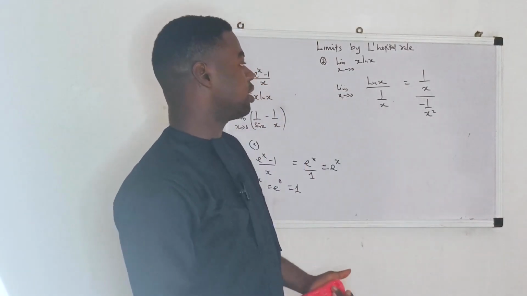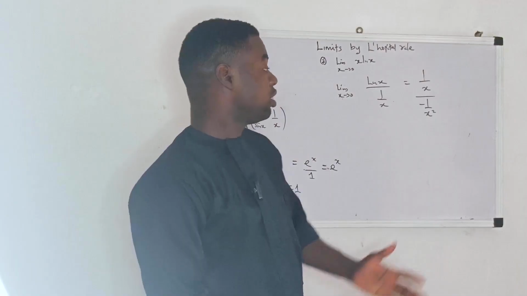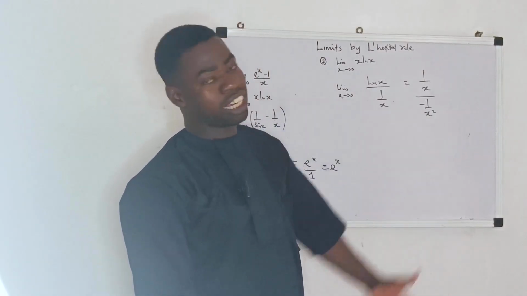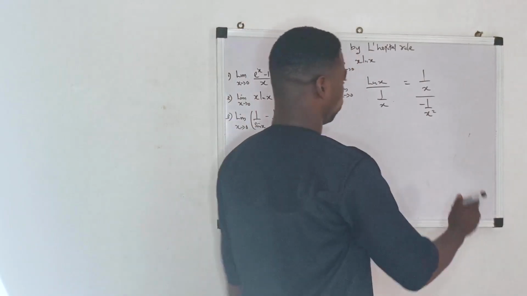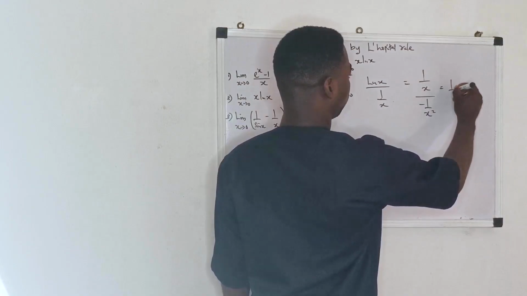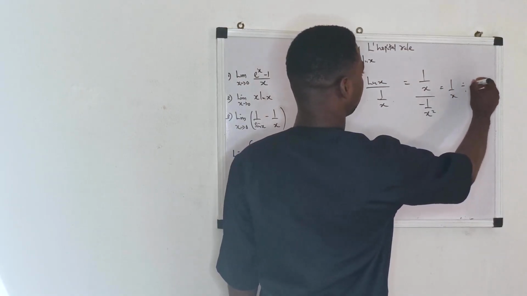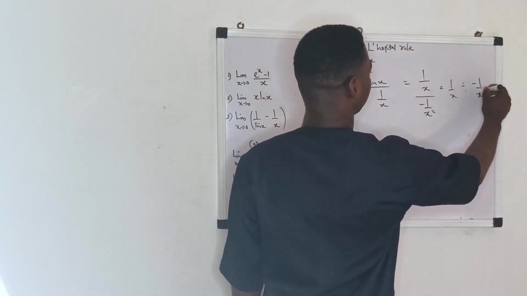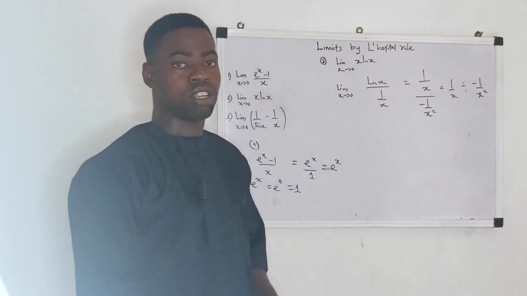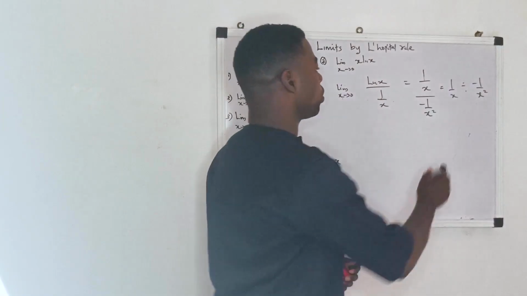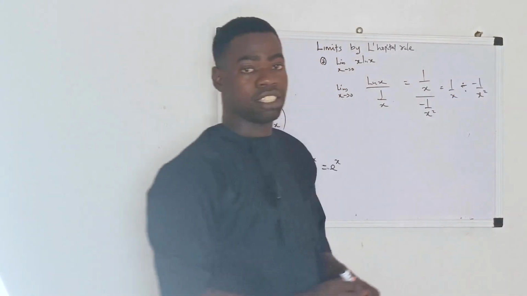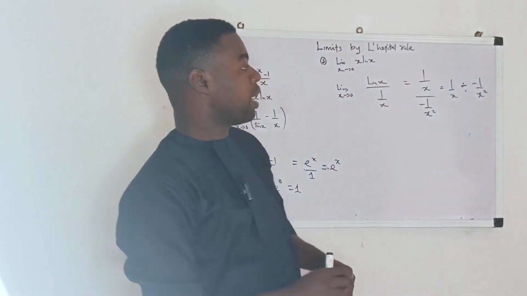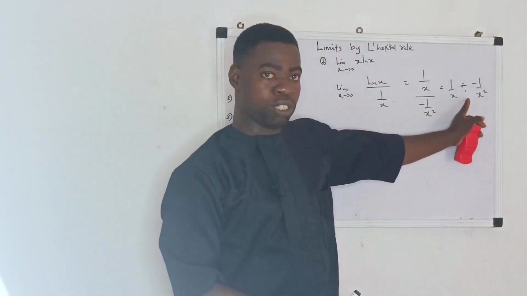This is a complex fraction, but you can rewrite it in a simpler manner so that you don't have too much issue resolving it. So this will be equal to 1 over x divided by -1 over x squared. And like we know, you can invert the right-hand side by changing the division sign to multiplication.